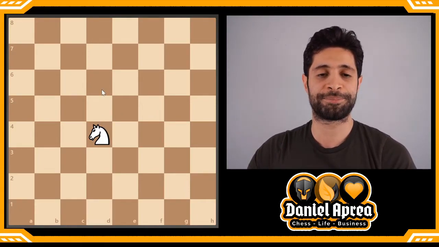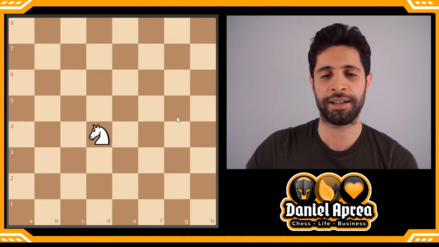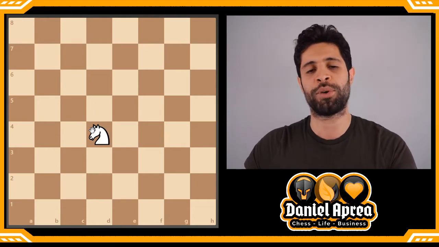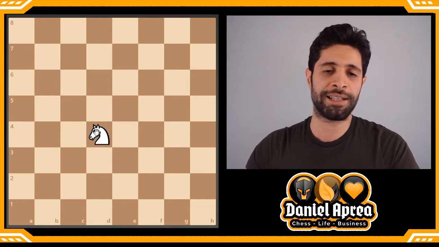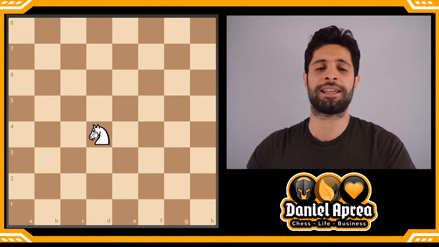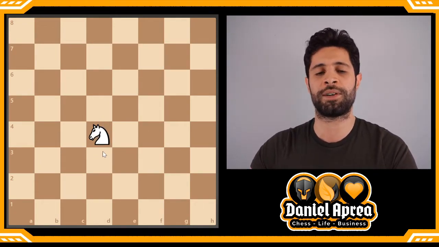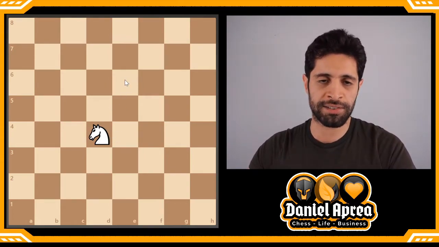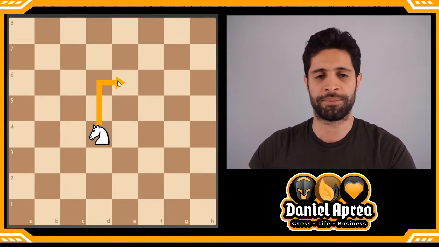So the knight has a slightly counterintuitive way to move, which is literally in an L-shaped form. The knight can move 2 squares in one direction and 1 square in another direction. So this is the type of movement that the knight can do.